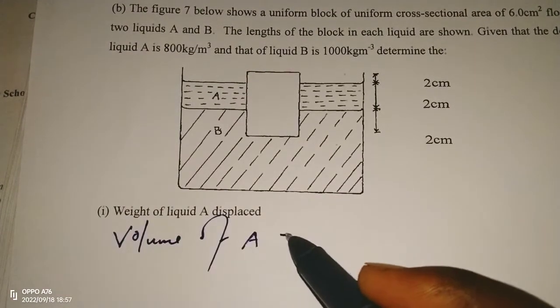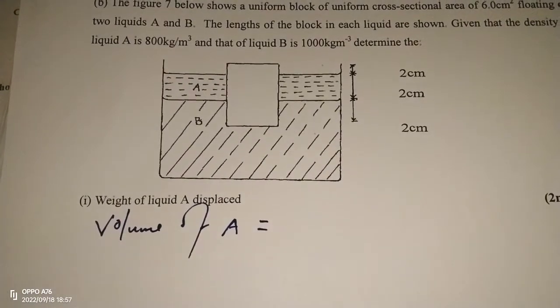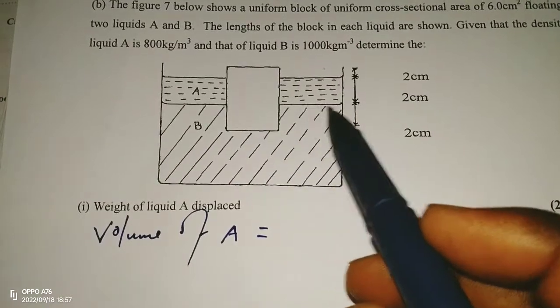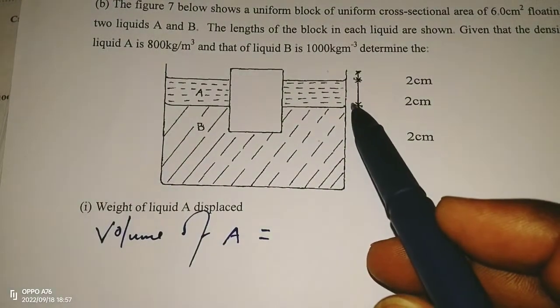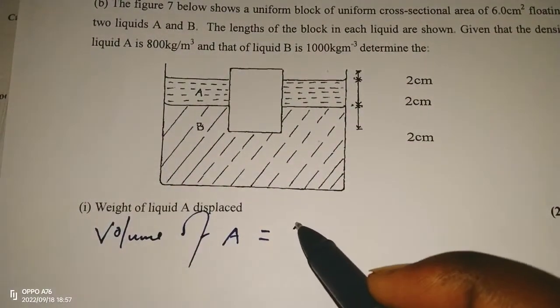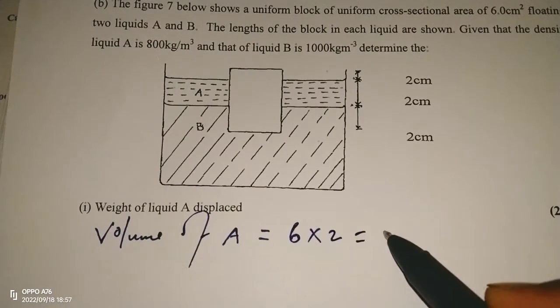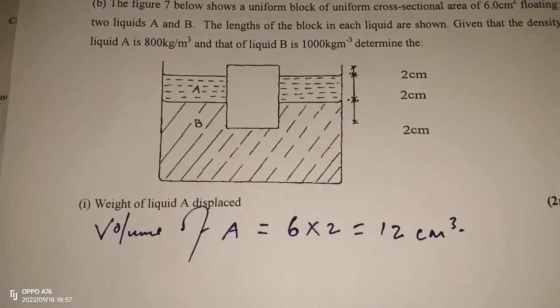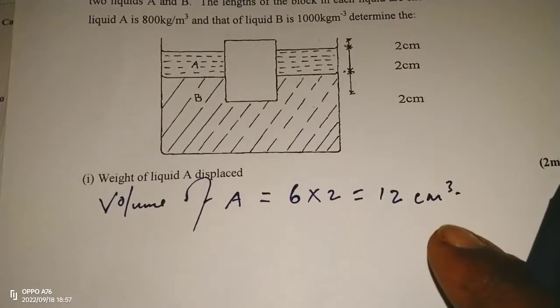Because the cross-section area is 6 and the height in A is 2, we use cross-section area times height, which is 12 cubic centimeters.